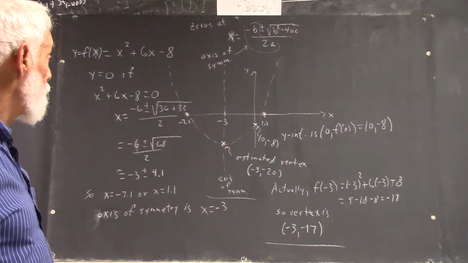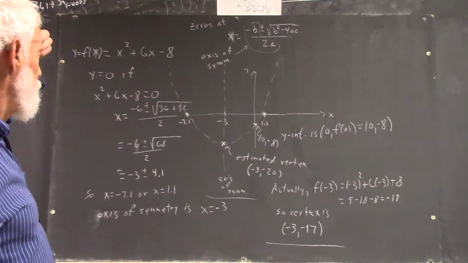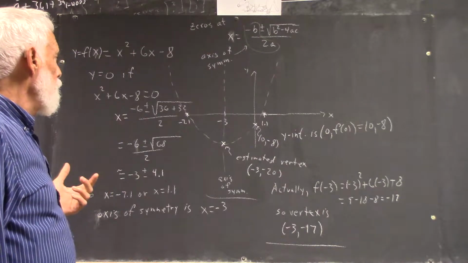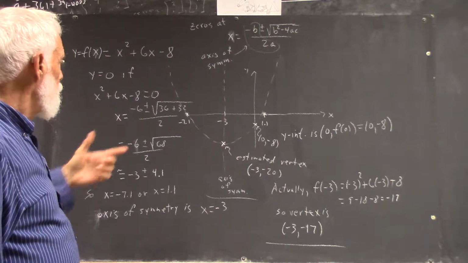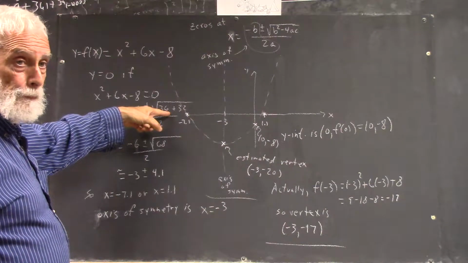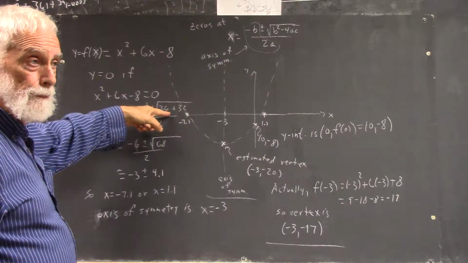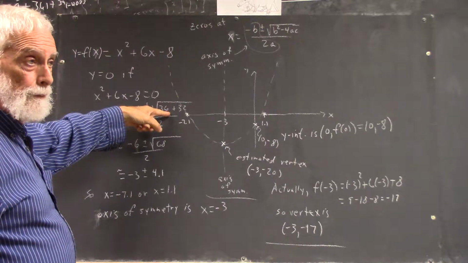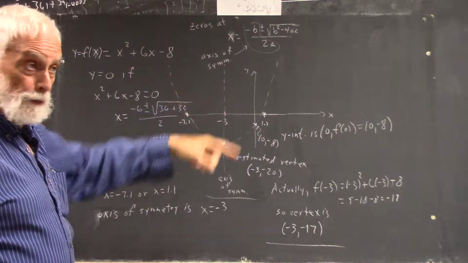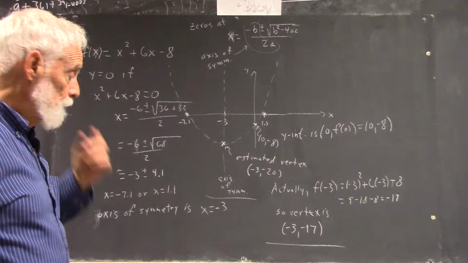Now, if we get a negative under the radical, what's happening? Well, square root of negative is not a real number. It means you don't have real zeros, right? Okay? So we'll make a little note.